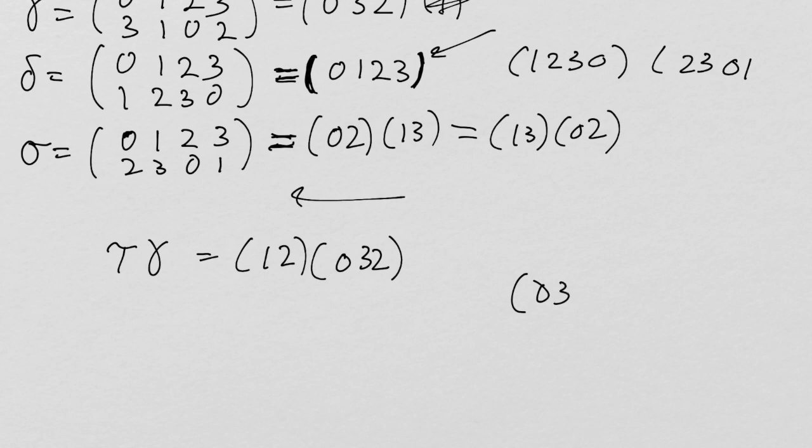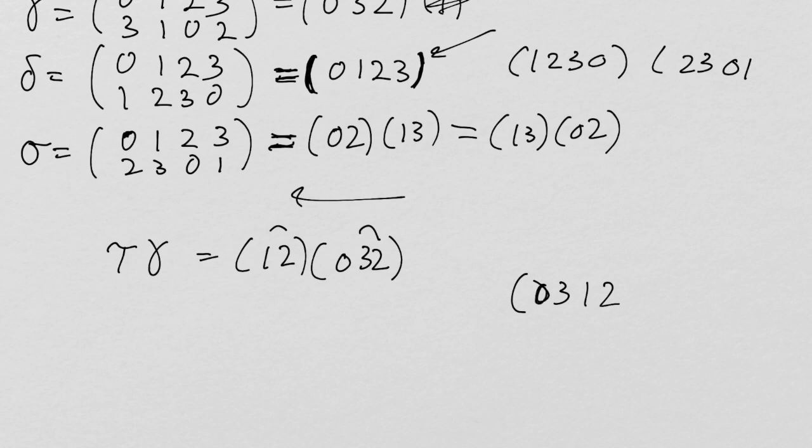And in the first cycle, 3 goes to 2, and in the second cycle, 2 goes to 1. So ultimately, 3 goes to 1. And then the first cycle doesn't do anything to 1, but 1 goes to 2 in the second cycle. So we get 0, 3, 1, 2.